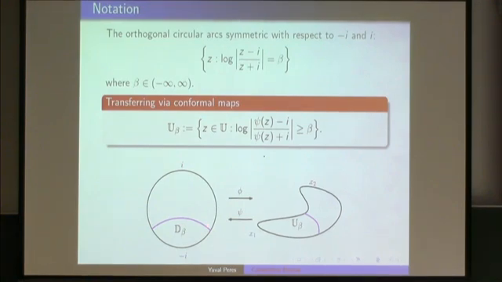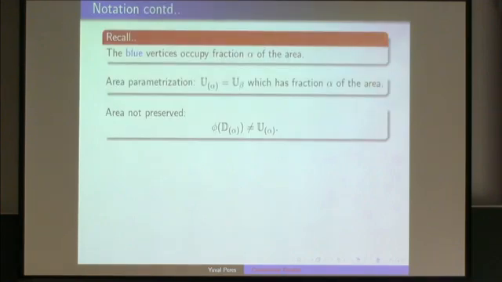Now, suppose we're given a proportion alpha of blue particles that we want in the domain u. Then we're going to fix the parameter beta so that the fraction of the area contained in u beta is alpha, and that will be u(alpha), the u beta where beta is chosen so that this has fraction alpha of the area.